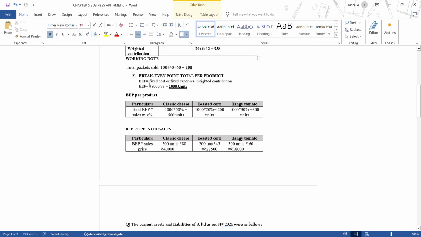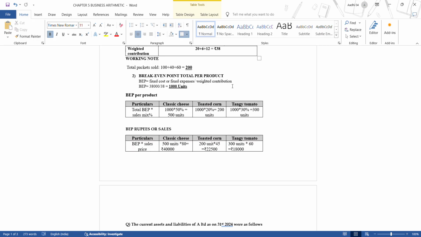So break even point for multiple products, the formula is fixed cost divided by weighted contribution. To find break even point for a single product, the formula will be fixed cost divided by contribution. There won't be any weighted contribution, or you can use fixed cost divided by gross margin. So gross margin or contribution margin is okay.